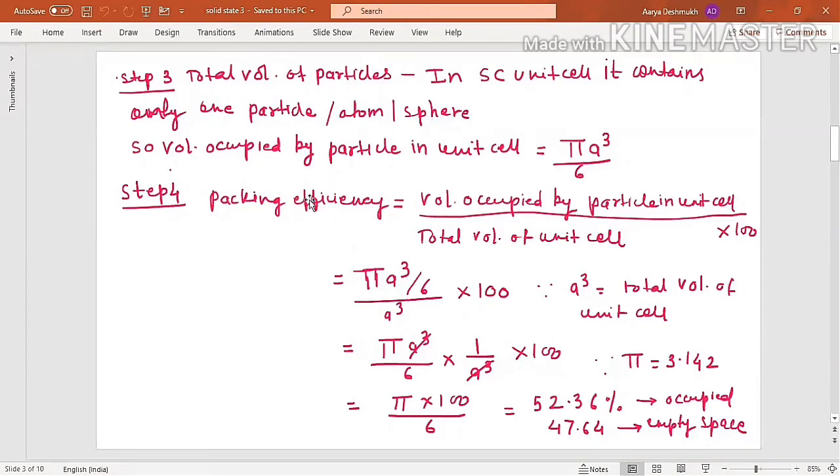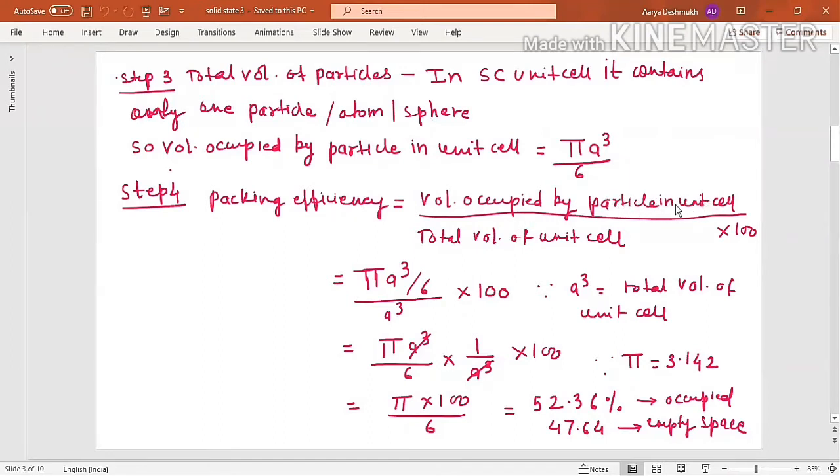Now this packing efficiency, as we already discussed, equals the volume occupied by the particle in the unit cell divided by the total volume of the unit cell, into 100. If we want to find it in percentage, we multiply by 100. So pi a cube upon 6 is the volume occupied by the particle in the unit cell.